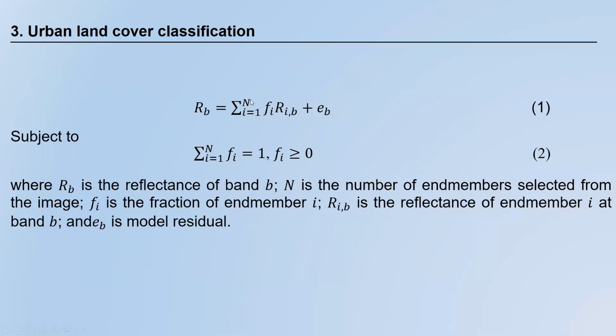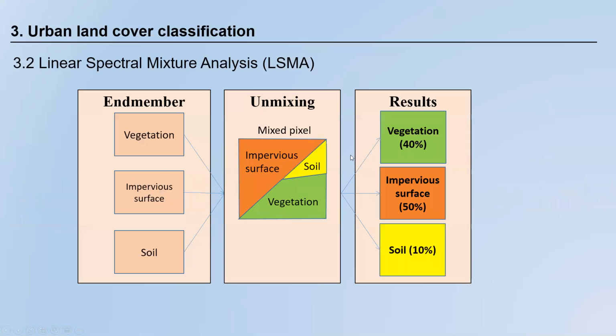Usually it's 3, because we have vegetation, impervious surface, and soil. Fi is the fraction of end member i. Fraction is another word for abundance, so you can consider Fi the abundance of end member i.